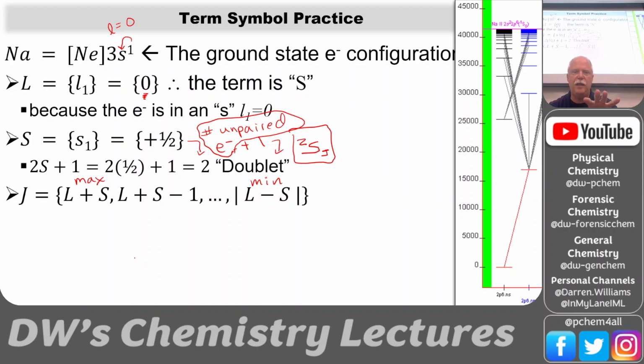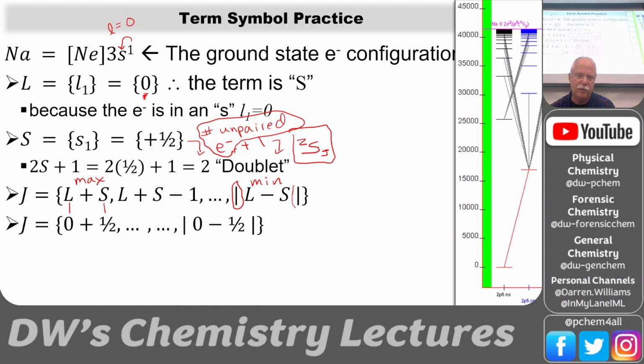We really won't see anything interesting in terms of sodium because there's just one electron, but when we get to carbon, it'll be much more interesting. So we have 0, which is L, 0 plus 1/2, and then it goes down to 0 minus 1/2, which you might imagine would be negative 1/2, but this has absolute value, so this is important.